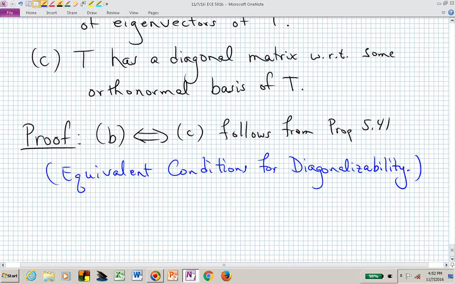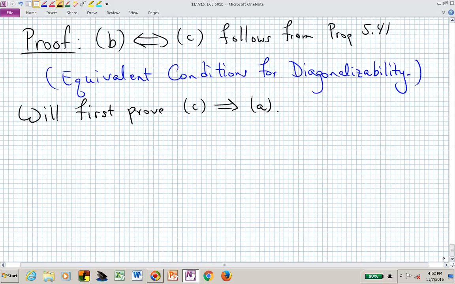So let's start with this equivalence of A and C by showing that C implies A. And then we'll need to show that A implies C, to show that A and C are equivalent.